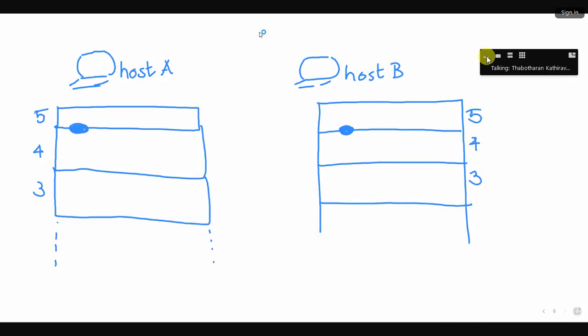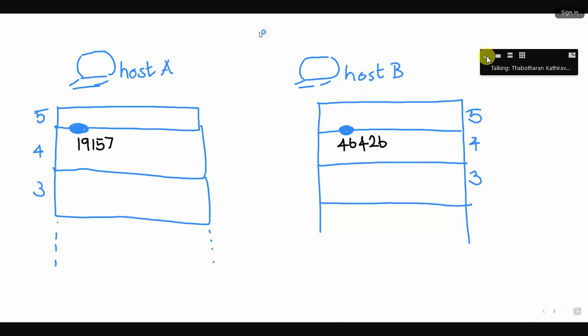Say this port number is 19,157, some number, and this one is something like 46,428, some number between 1024 and 65,535.